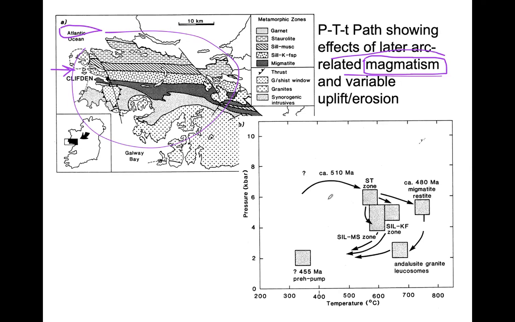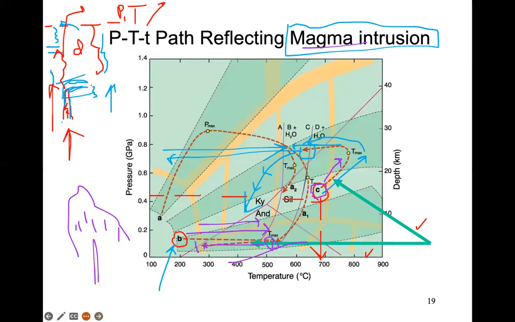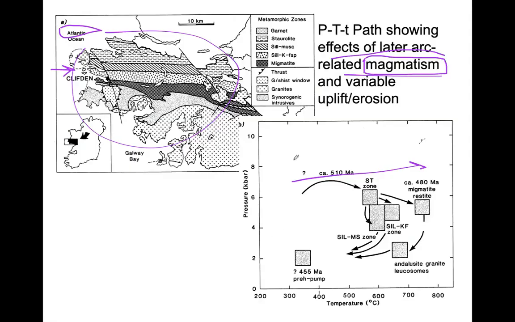So you see the rock is experiencing some temperature increase, right? A higher temperature increase than in the previous case. You saw a path like this, more or less like that, right? Temperature increase like that, not much pressure increase, but a slight pressure decrease is there anyway up to here, right?